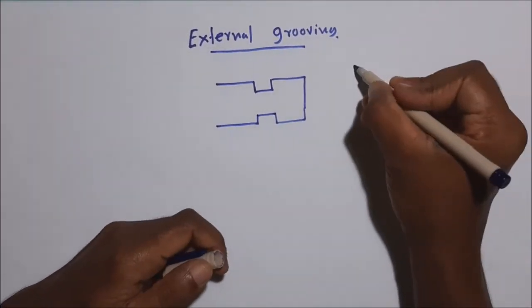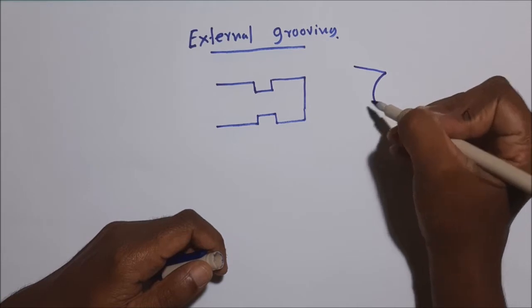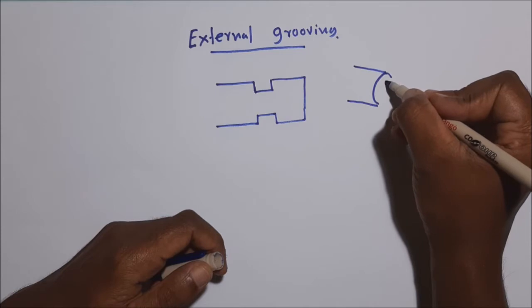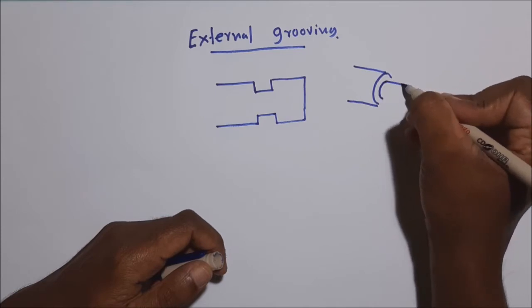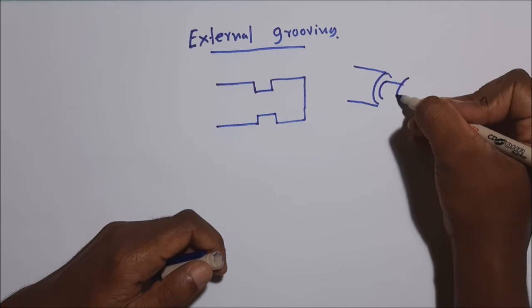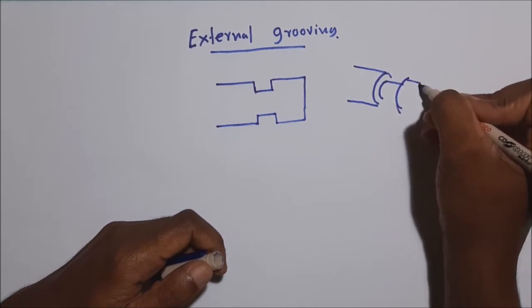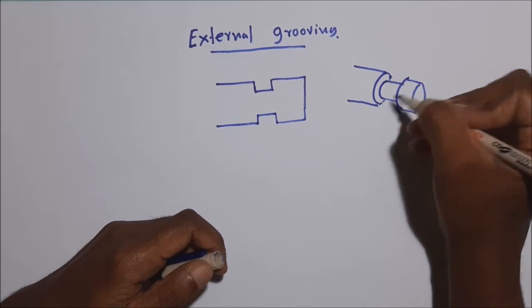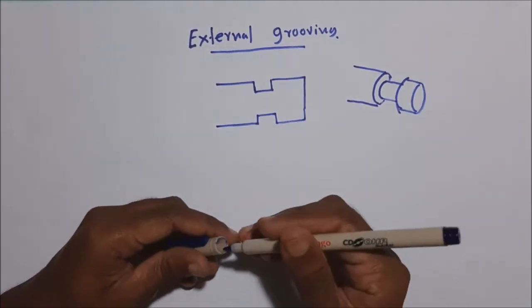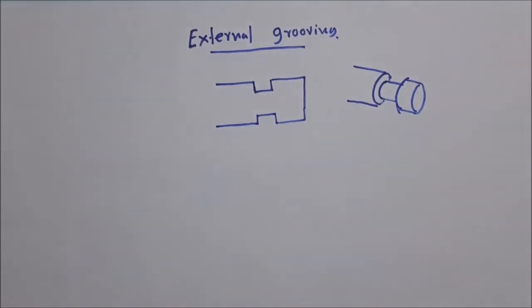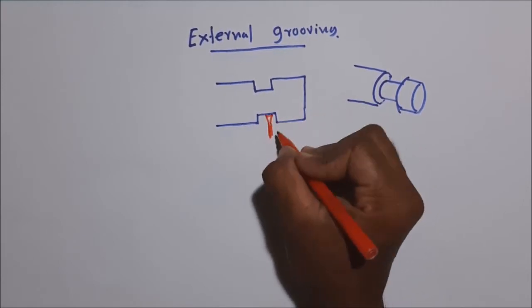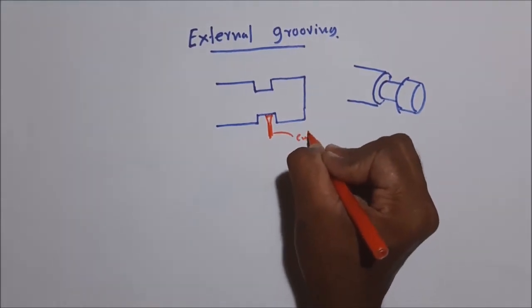If you draw the three-dimensional view, it is generating this kind of groove with this kind of grooving tool. A narrow tool is used, and in most cases the parting tool is used as the cutting tool.